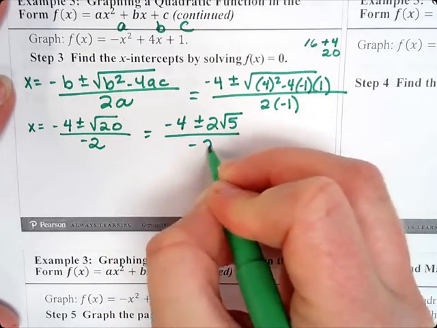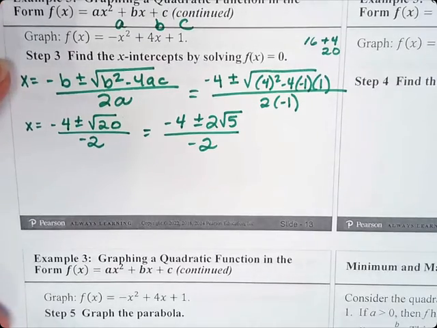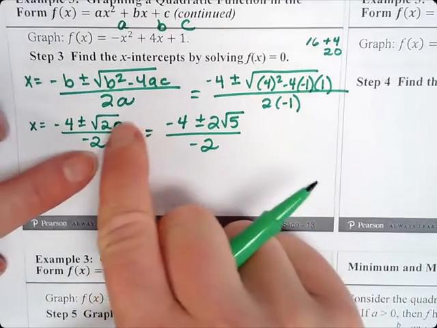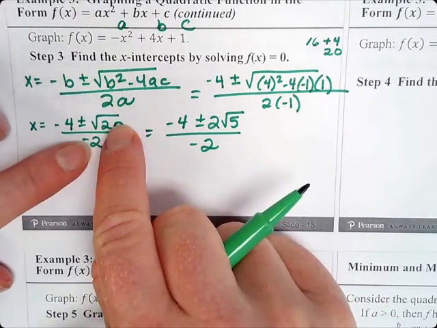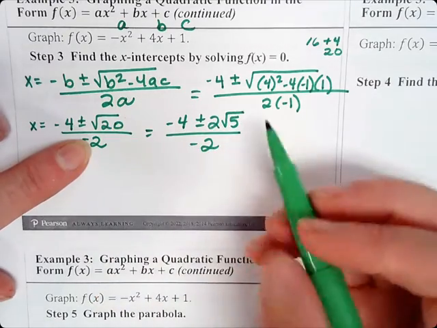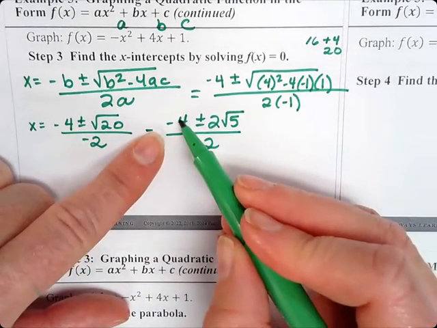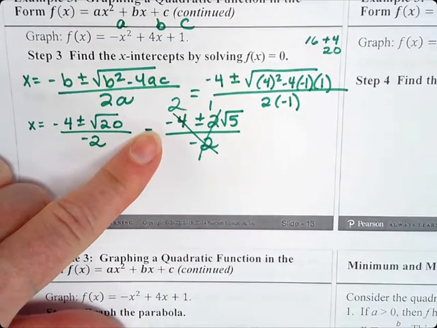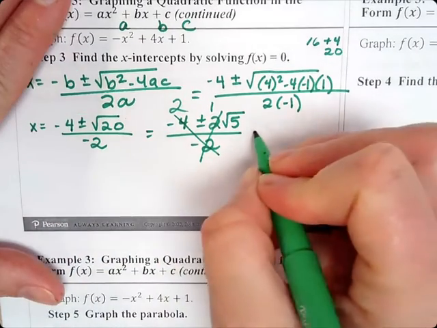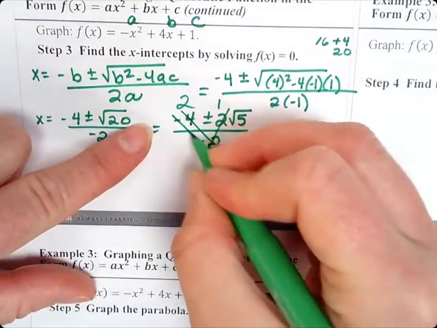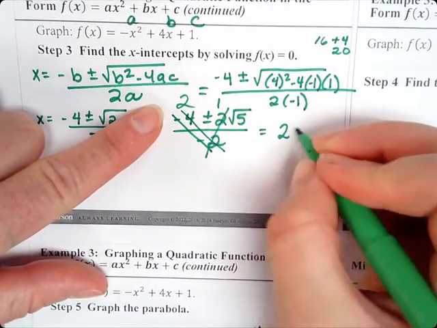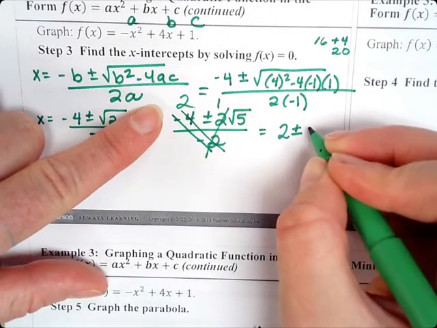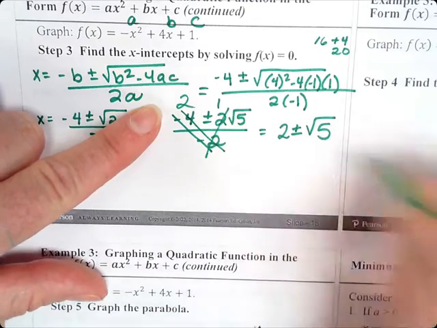Can you divide the square root of 20 by negative 2? No, you can't. You can't divide those because one's inside a root, one's not. But you can simplify this. We know that this will become 2 and this will become 1, and the negatives cancel. So it's 2 plus or minus square root of 5.